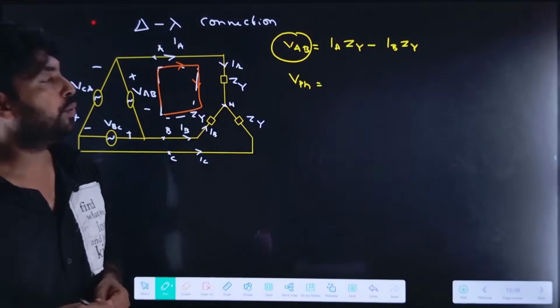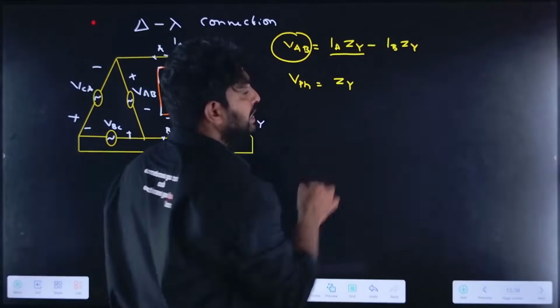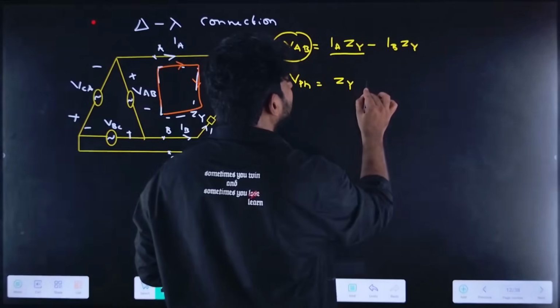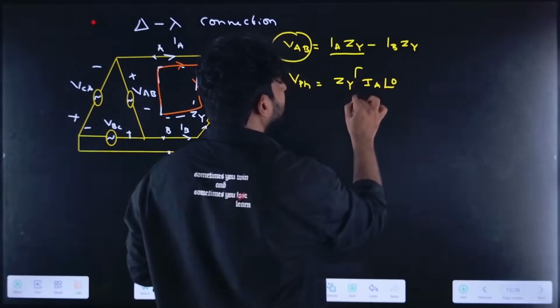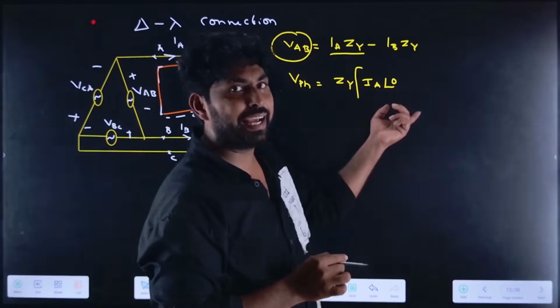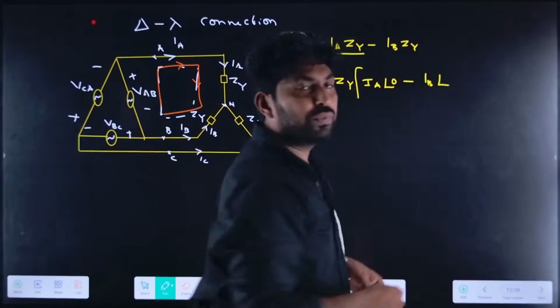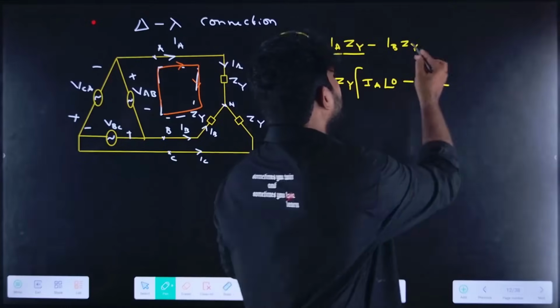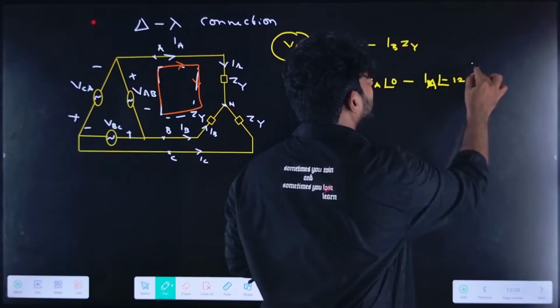V phase equals IA into ZY. Taking IA as common, I can write it as IA at an angle 0, taking IA as the reference, minus IB at an angle of minus 120, so IB is IA at an angle of minus 120.